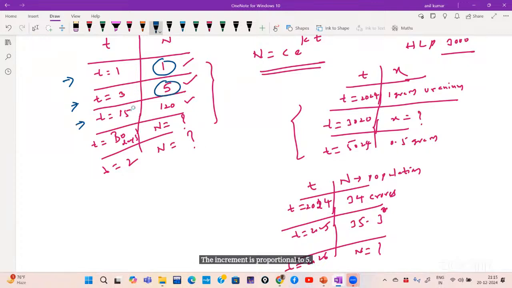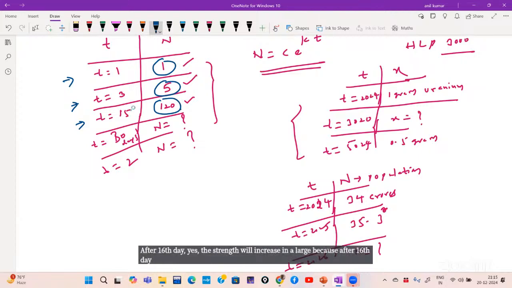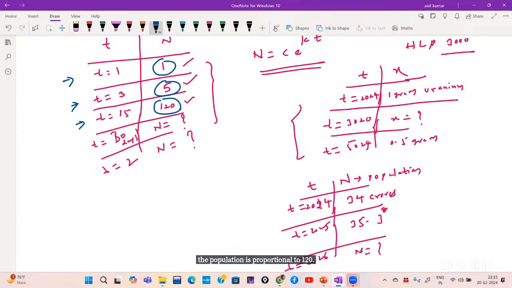After 15 days, the cases increased to 120. After the 16th day, the strength will increase greatly, because the increase is proportional to 120, and the 120 viruses can generate more. From the 16th day, the development of the corona is proportional to what it has at present.